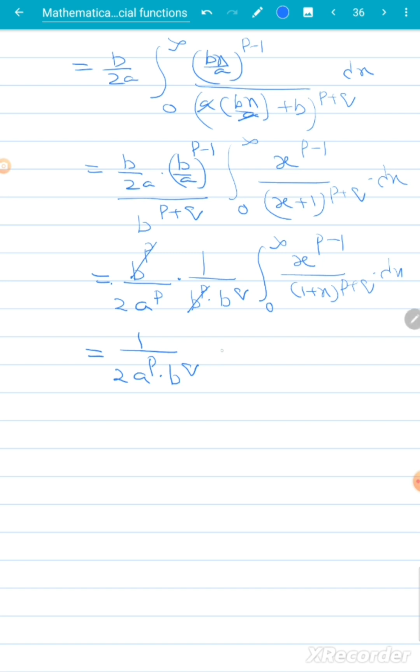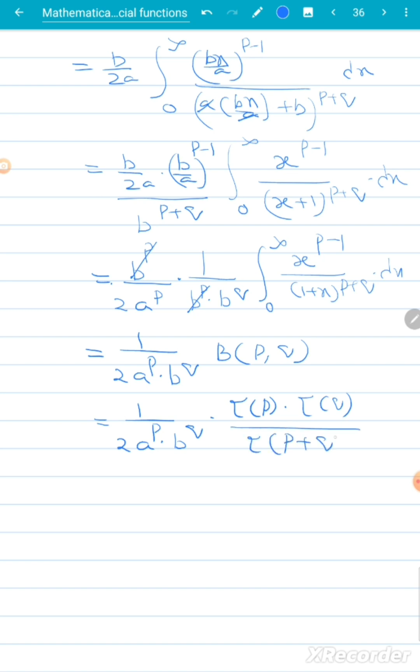So this is equal to beta of p, q, which is 1 by 2 a to the power of p into b to the power of q into beta of m, n, which is gamma of p into gamma of q by gamma of p plus q. Hence proved. Thank you.